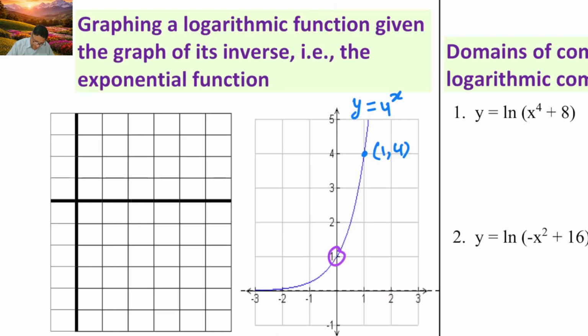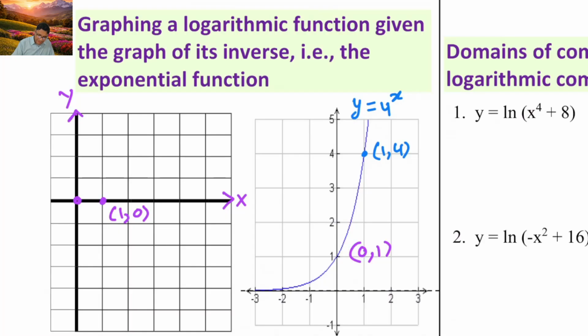So you have a point 0, 1 here. That means you should have a point. Okay. Here is my x-axis and here's my y-axis. And here is the origin. Those are the axes. So a corresponding point on this graph should be 1, 0, right? Inverse functions, x and y interchange.